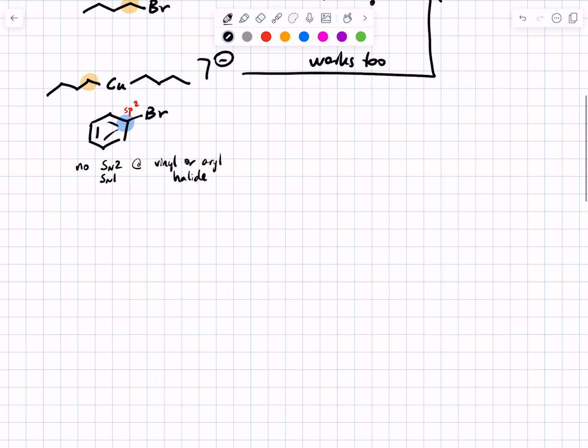And before we tell you what that something else is, we need to do a little bit of background on transition metals so you can understand what the possibilities are.